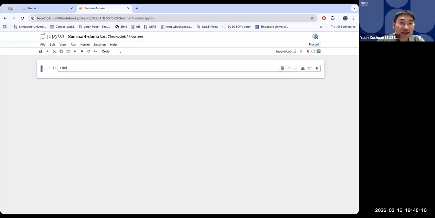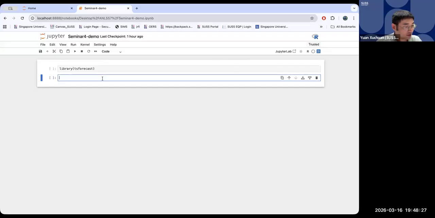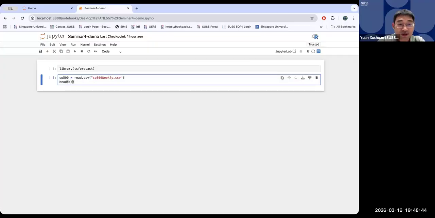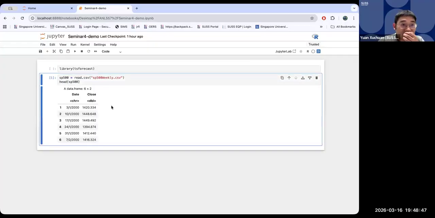So first, we need to use the tsforecast library, the package, and then we import the SP500 weekly CSV data. Let's look at this data. The first column is the date, and then close.